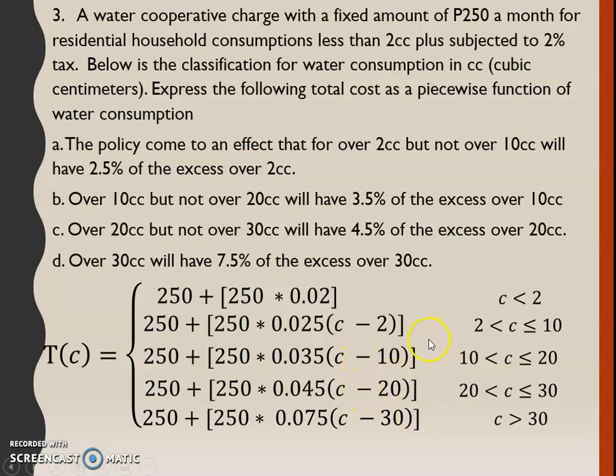So all in all, this will be the representation for the consumption with respect to the percentages set by the board of management. We have the continuation in the other video.